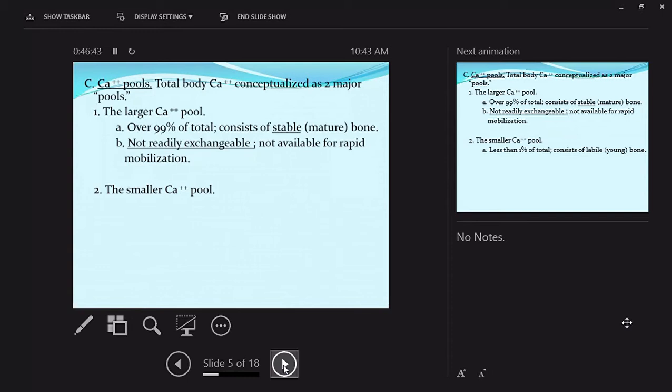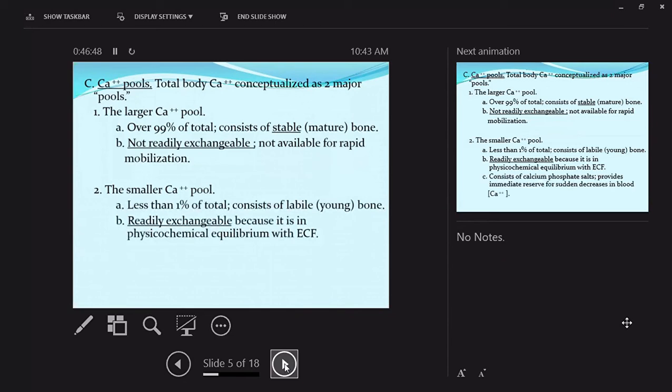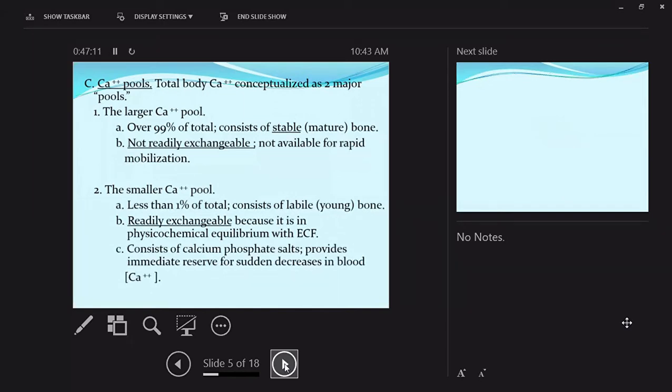The smaller calcium pool is less than 1% of total. This consists of the labile young bone, readily exchangeable because it is in a physicochemical equilibrium with the extracellular fluid, and consists of calcium phosphate salts. Thus it provides an immediate reserve for sudden decreases in blood calcium.